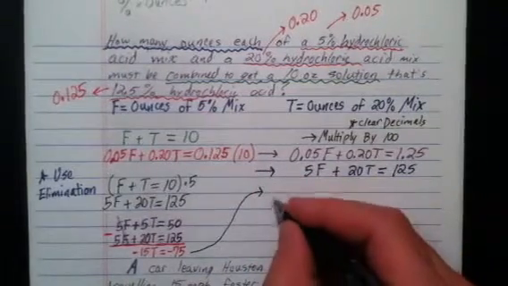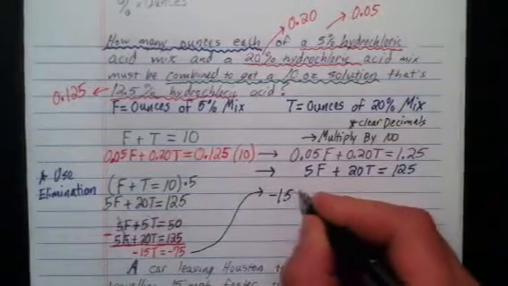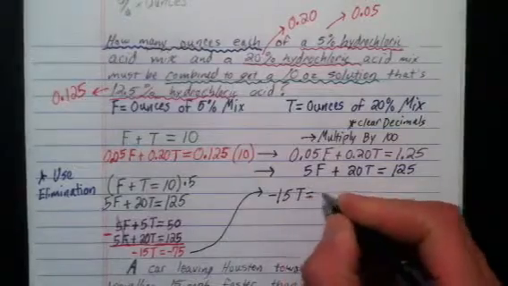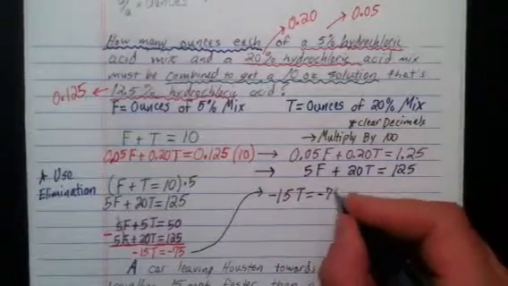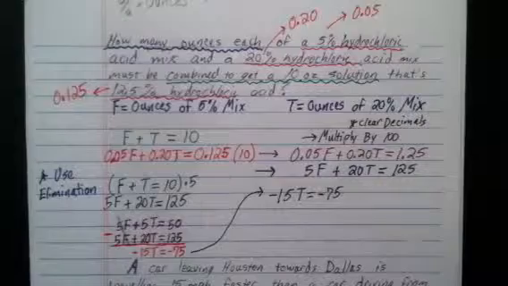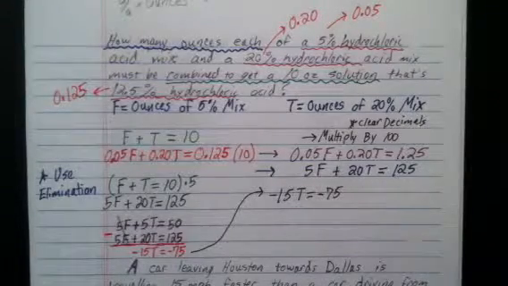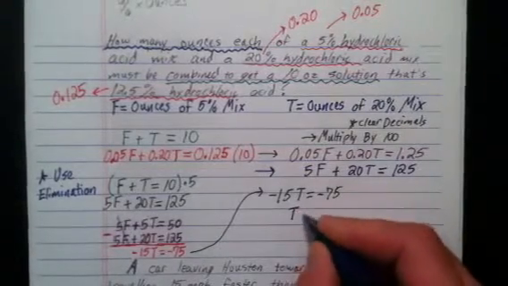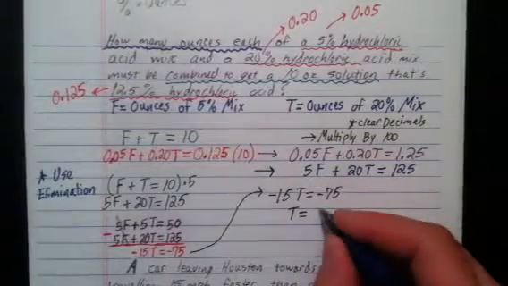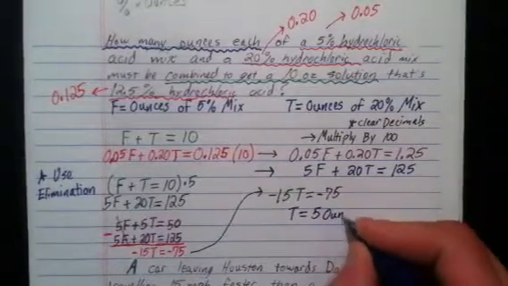Which we then can come over here and solve. Negative 15T equals negative 75. Divide on both sides by negative 15, and we get that T equals 5 ounces.